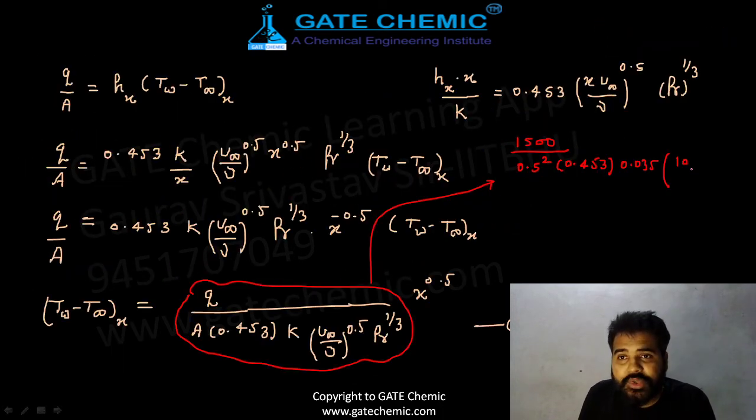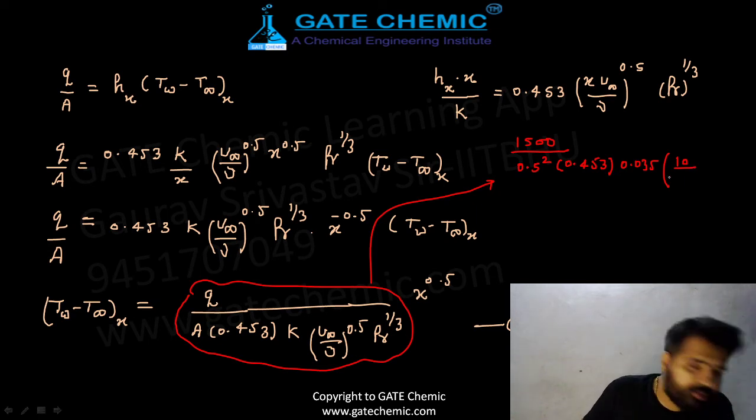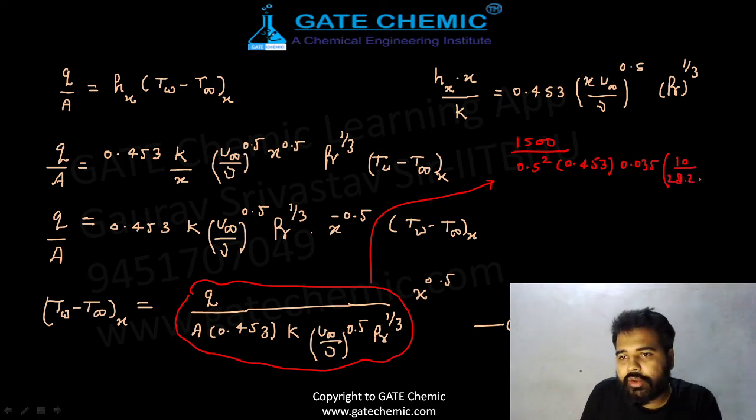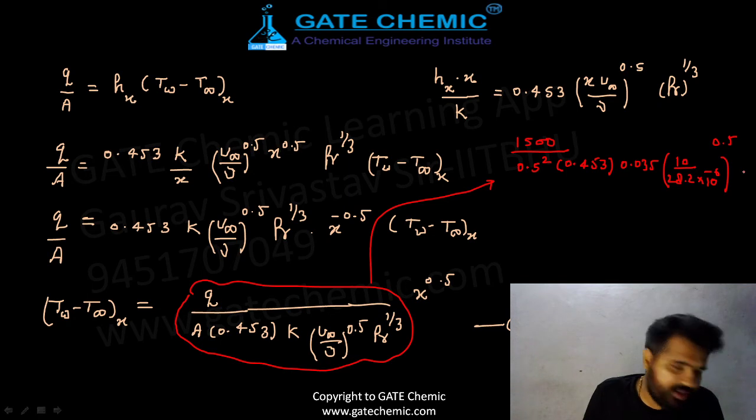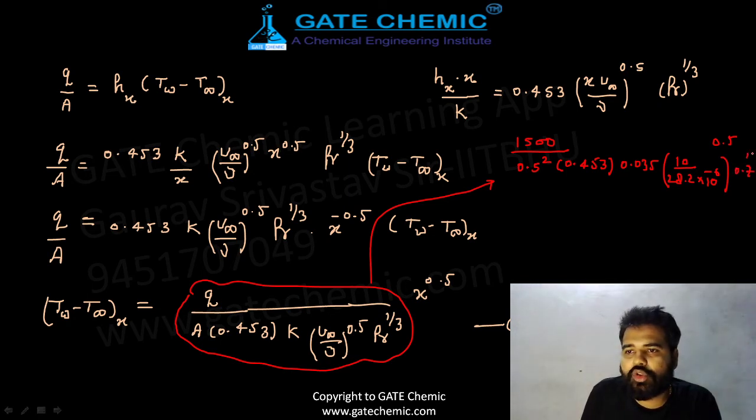Okay, कहाँ तक पहुंचे थे भाई, ये u infinite upon nu, kinematic viscosity value 28.2 into 10 to the power minus 6, to the power 0.5, and Prandtl number directly given 0.7, so 0.7 to the power 1 by 3.